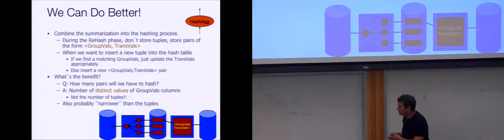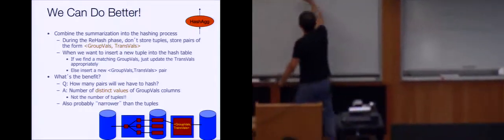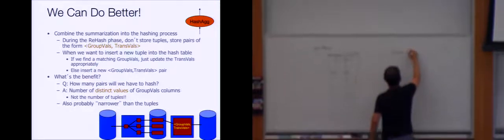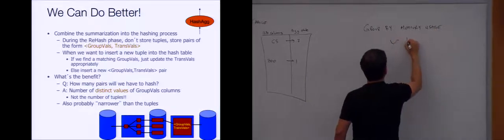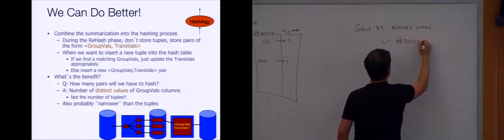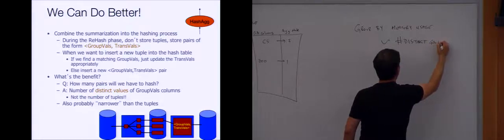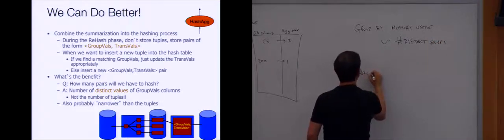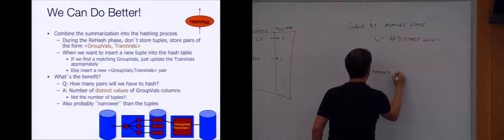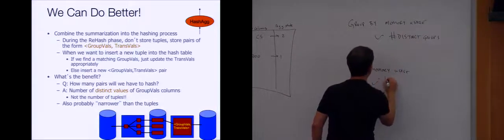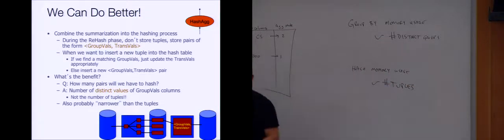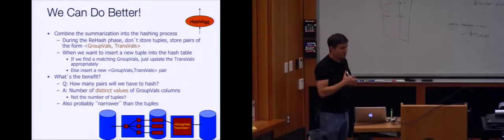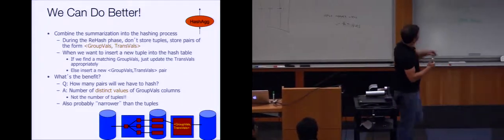The key here is that group by memory usage is proportional to the number of distinct groups, whereas the plain old hash memory usage is proportional to the number of rows or tuples. And that could be very different, like if your column that you're grouping on is gender. So it can be a very big win to do hash and aggregation together. So that's the main point on this slide.